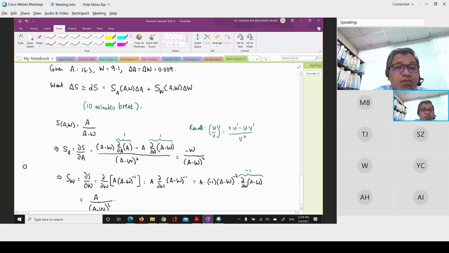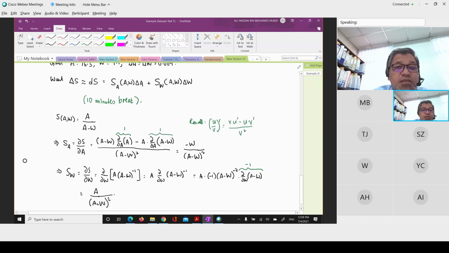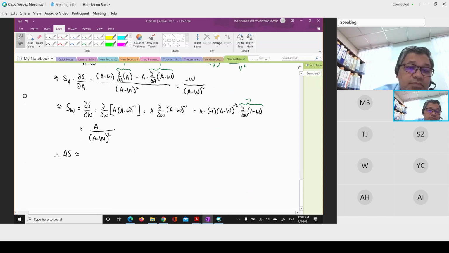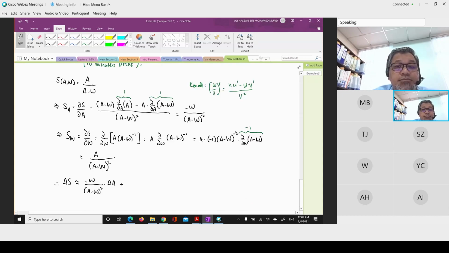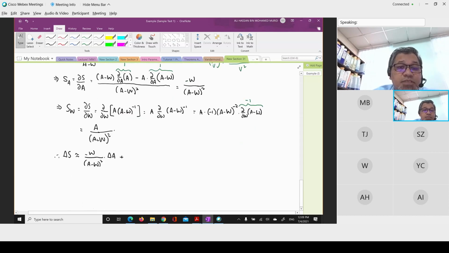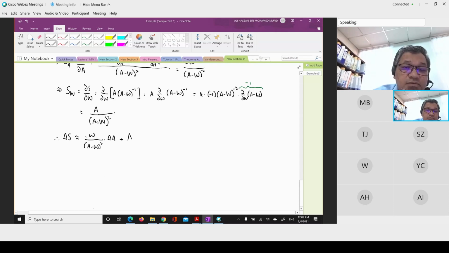We have S partial A delta A. S partial A is minus W over A minus W squared times delta A, followed by S partial W. S partial W is A over A minus W squared times delta W.